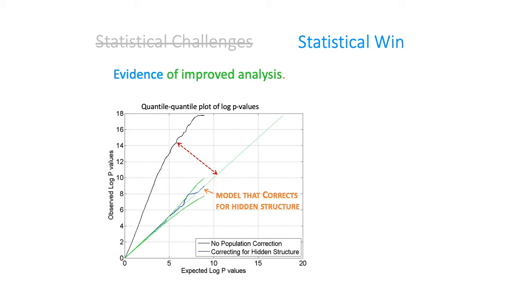So in this case, what you would typically do is try to correct for both known and unknown confounders, and keep trying to correct for different confounders until your black line moves closer and closer to the diagonal, until you deem it such that you are not over predicting too many SNPs as being associated with your given trait.